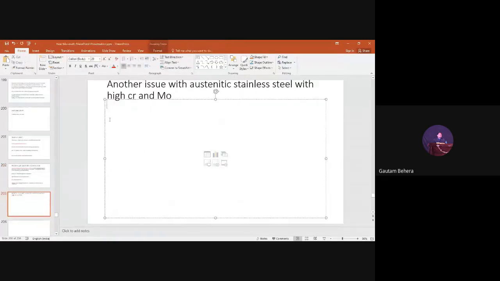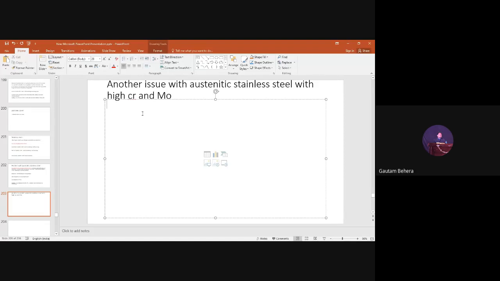Another problem we sometimes face is due to formation of some intermetallic phases, like sigma phase. What happens basically is that when we heat the steel at a temperature of around 750 to 850 degrees centigrade, sigma phase, an intermetallic phase, forms in this kind of steel, which is very hard and brittle in nature, and reduces the impact strength basically.